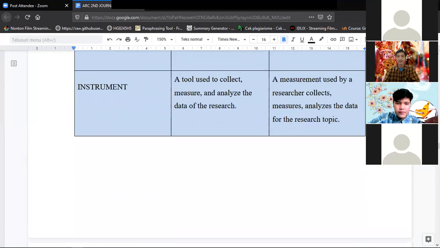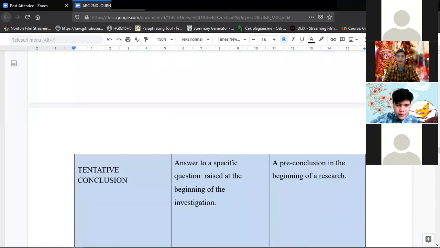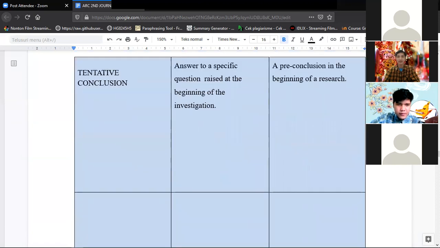Next is instrument. Instrument is a tool used to collect, measure, and analyze the data of the research, or it is used by researchers to measure their data for the research topic. Next is tentative conclusion. Tentative conclusion is an answer to a specific question raised at the beginning of the investigation, or a pre-conclusion.